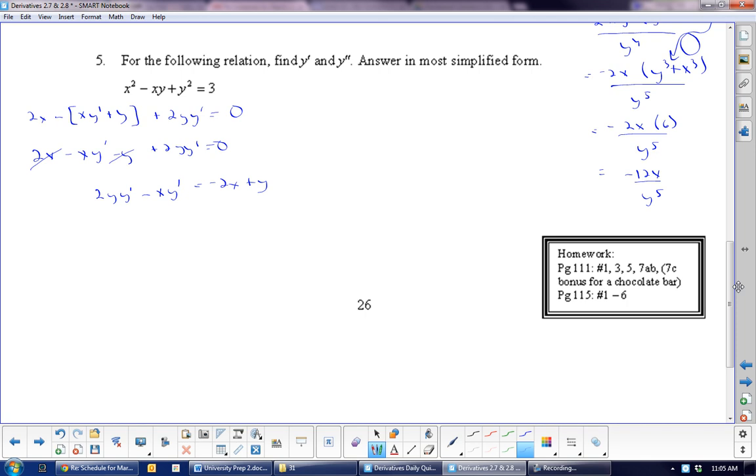Okay, then I'm going to take out the y prime here, leaving me with 2y minus x equals negative 2x plus y. So y prime equals negative 2x plus y over 2y minus x.